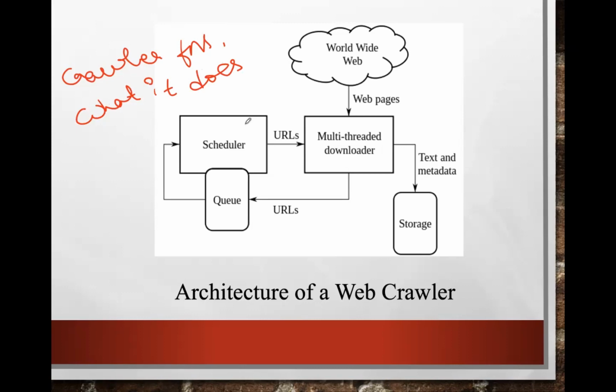Here, if you take this web crawler, you can see there are three main components: a front end, a back end, and a storage system.